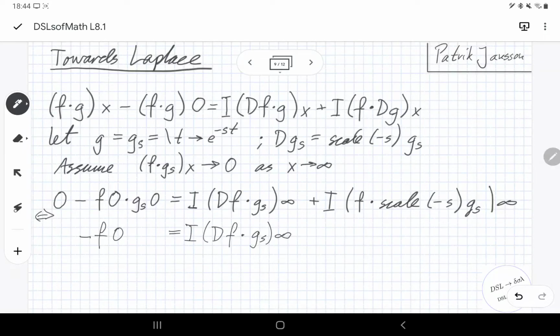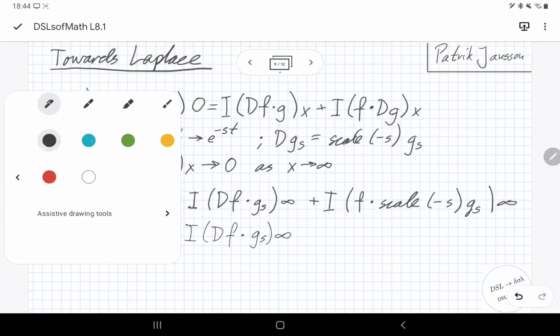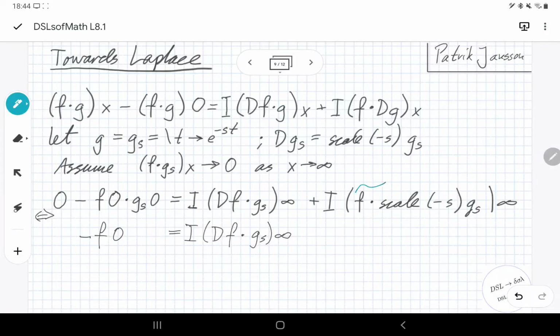But for the last expression, I will simplify it a bit. This may not be obvious, but when I scale this vector and then multiply by anything, it's the same as scaling. So I should take that in 2 steps. This internal part is the same as moving the scaling out 1 level: scale of minus s of f times gs.